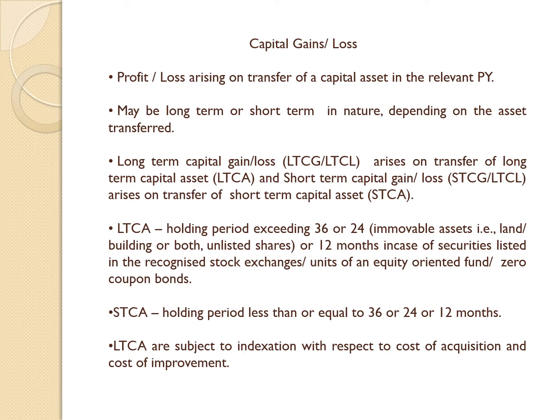Whereas short-term capital asset includes the assets whose holding period is less than or equal to 36 months or 24 months or 12 months, depending on the category of asset. If it is a long-term capital asset, then indexation of cost of acquisition and cost of improvement plays a major role.